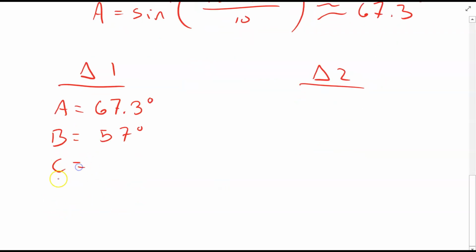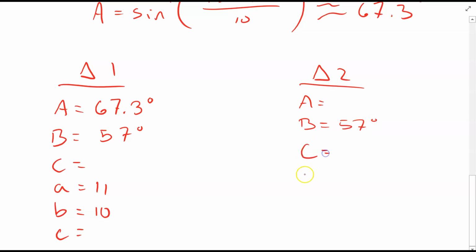Angle C we haven't found yet. Side A we know that was given to us. Side B we know that was given to us. Side C we haven't found yet. For triangle 2, we don't know anything other than the givens right now.